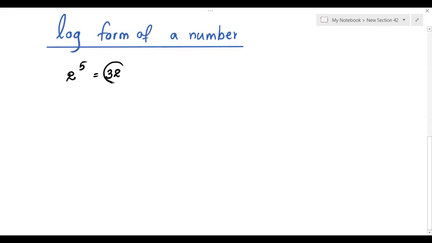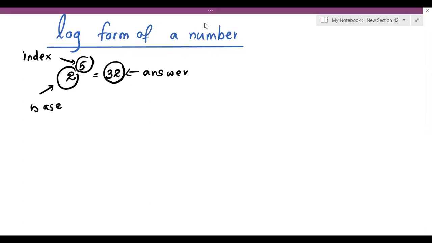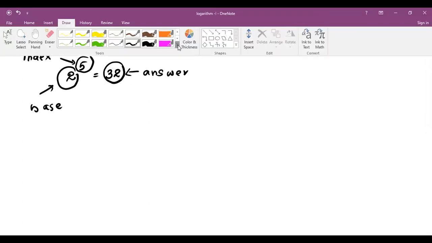Here we identify that 32 is the answer, 2 is the base, and 5 is the index. By taking these components, I will write the log form of this particular index notation.